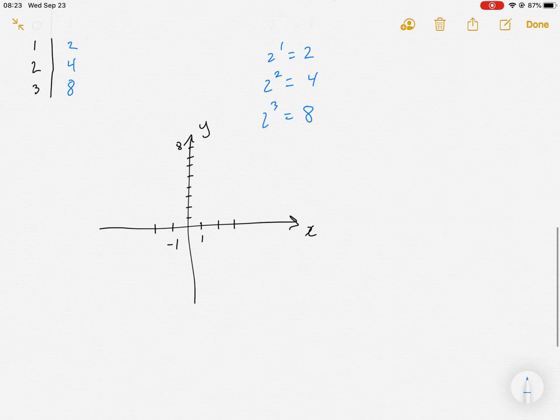Over on the left side, it's going to be about 0.25, and then we hit 0.5, 2, 4, and then 3, 8. So the graph looks to me on the right like it's going to continue up forever. That's what we call exponential growth. And then on the left-hand side, it sort of curves around, and it actually never touches the x-axis on the left side.